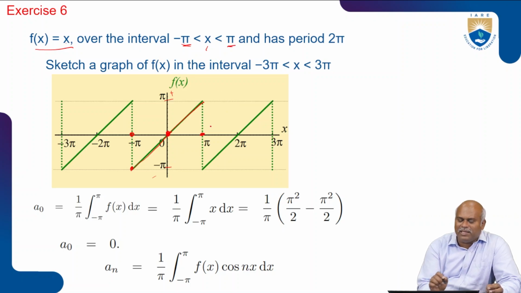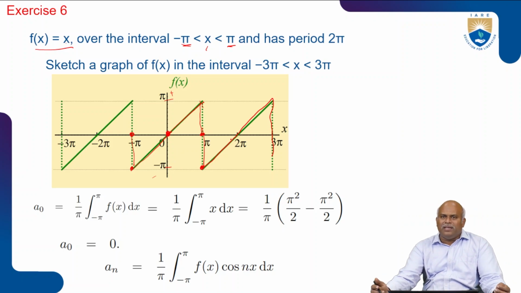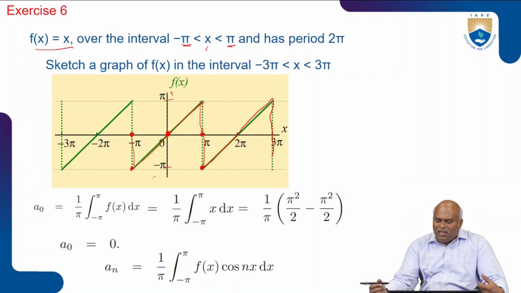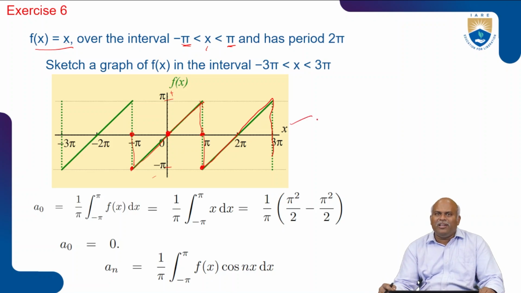After that it drops back, and again it is minus pi, then it keeps increasing together. It will happen like this, so all the values give a signal like this. Now based on this signal, we need to find the trigonometric Fourier series coefficients.